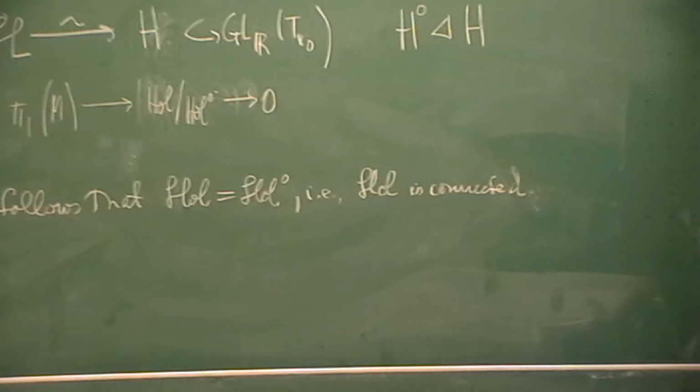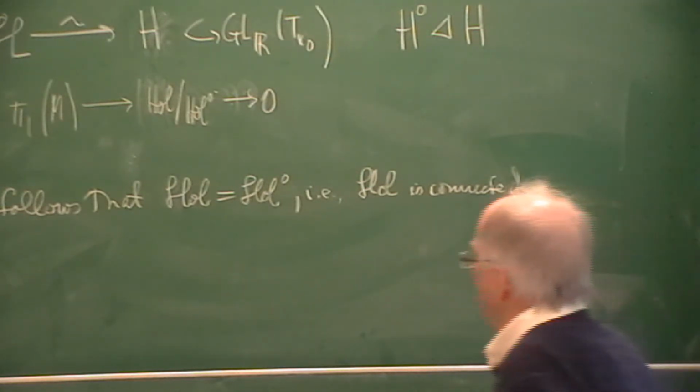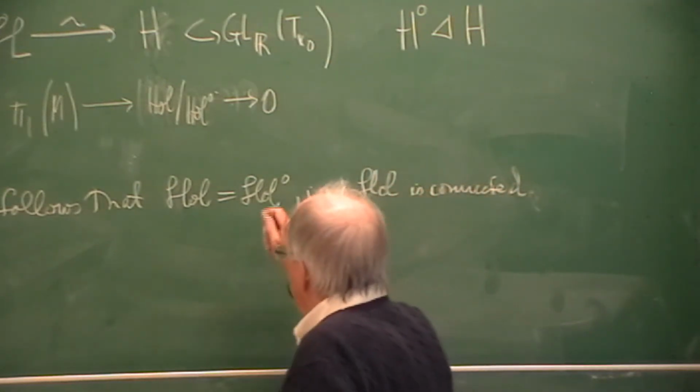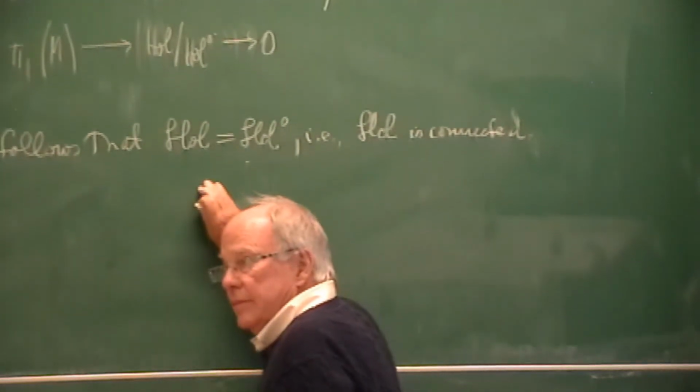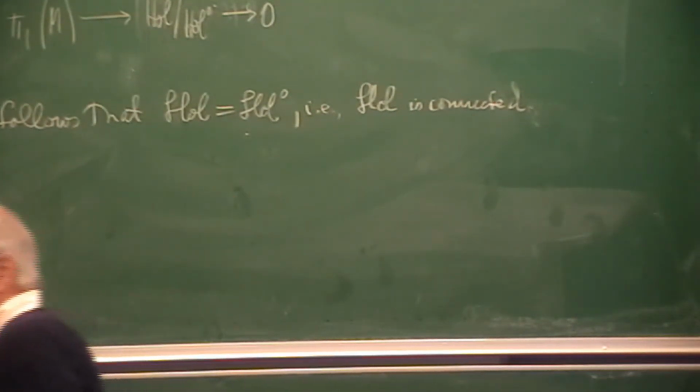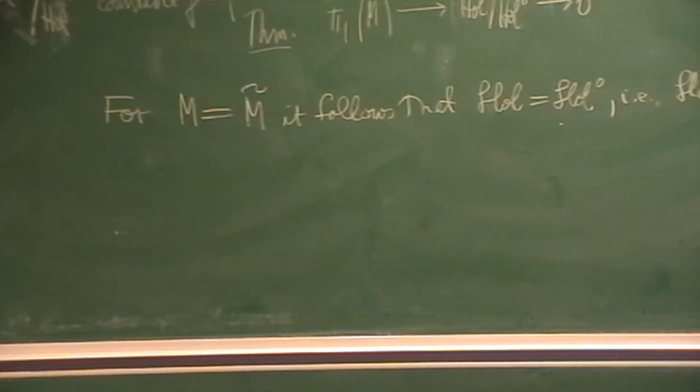You can believe me that if you have a manifold, in all this discussion you might as well go to the universal cover. So we go to the universal cover, we kill off the fundamental group, and we have the fact that this holonomy group is connected. So associated to any connection on any manifold, you have a connected Lie group.